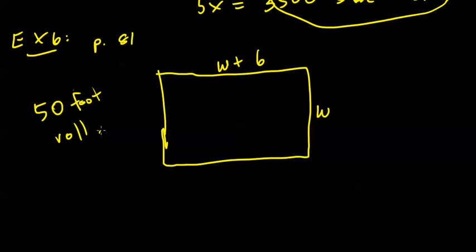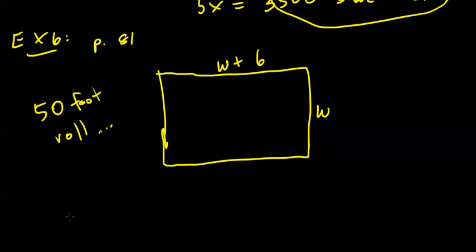So basically we are going to wrap a 50-foot roll around this rectangular partition. They're asking what are the final dimensions of the fence, namely the length and the width, right?